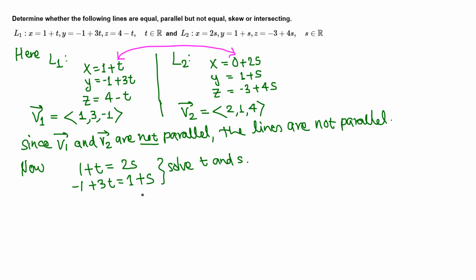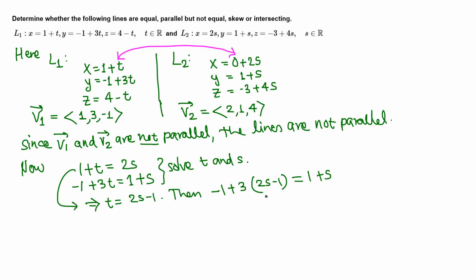Now there are several ways you can do this: the method of elimination, the method of substitution, etc. From the first equation, let's solve for t and plug that into the second equation. So t equals 2s minus 1. Substitute in the second: negative 1 plus 3 times (2s minus 1) equals 1 plus s.